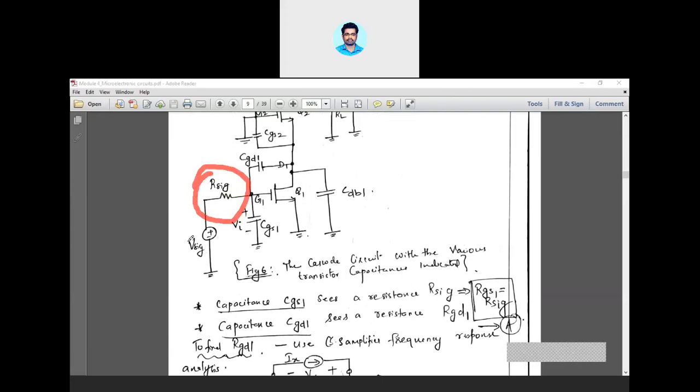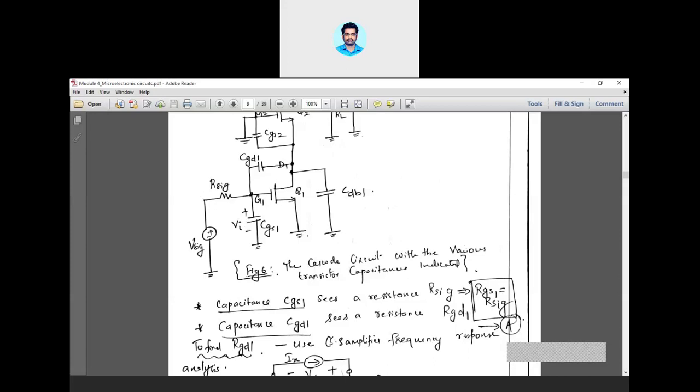So whatever voltage you have connected as a signal, a particular portion is dropped across RC, and the remaining voltage will be available across CGS1, that is nothing but your VI.